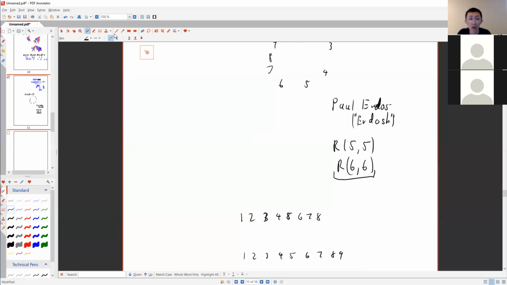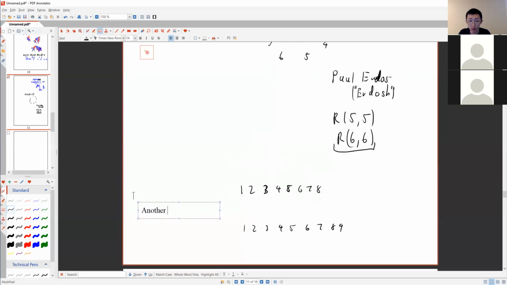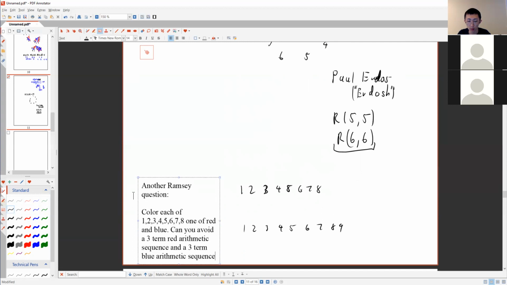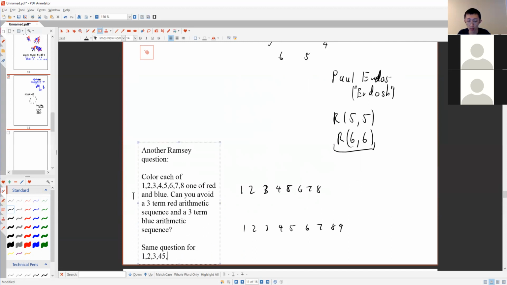So can we do it? Can I avoid a monochromatic 3-term arithmetic progression in 1 through 8?